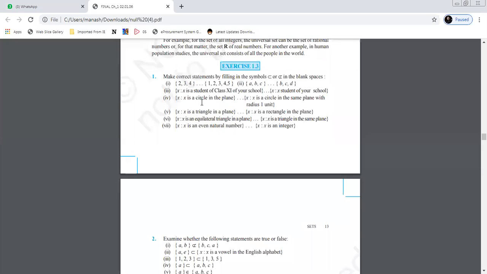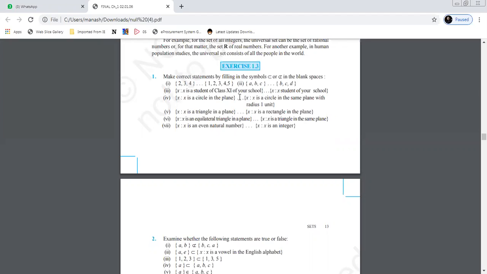Now, next one, see here. X such that X is a circle in the plane. And here, X such that X is a circle in the same plane with radius 1 unit. Now tell me whether the first one is a subset of the second one.